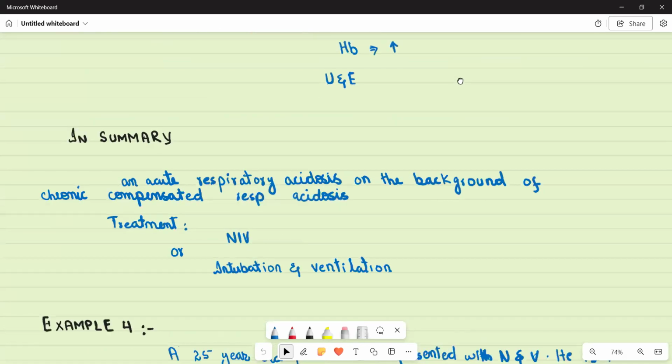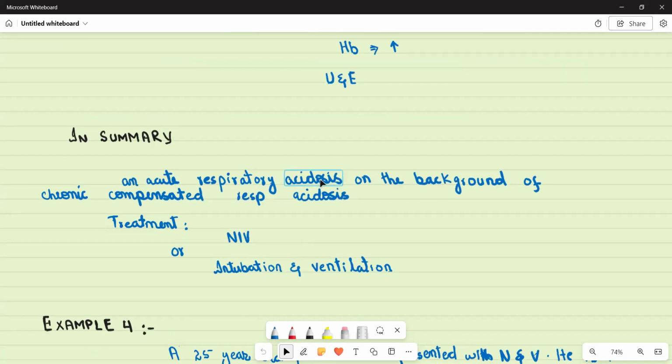So, in summary, what's going on here? There is an acute respiratory acidosis on the background of chronic compensated respiratory acidosis. So this is basically an acute-on-chronic picture. There was a respiratory acidosis going on because this patient was retaining carbon dioxide because of his lung disease, which is COPD.